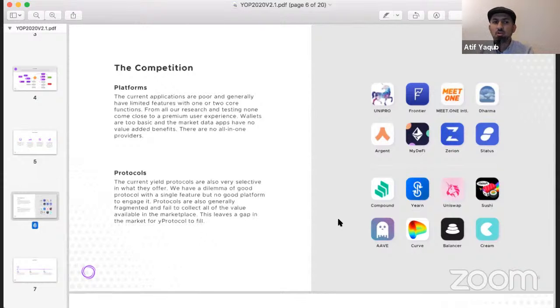But then we look on the other side, who are the protocols. We want to directly compete with the larger protocols. Initially, we will probably work hand in hand and allow our smart contracts to communicate with their smart contracts and build a seamless transaction process.